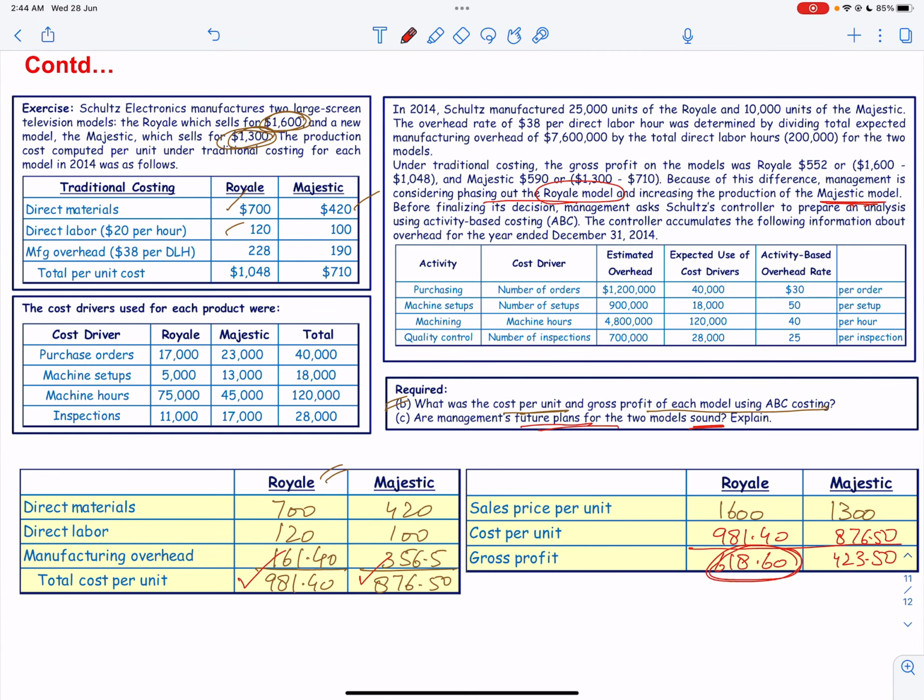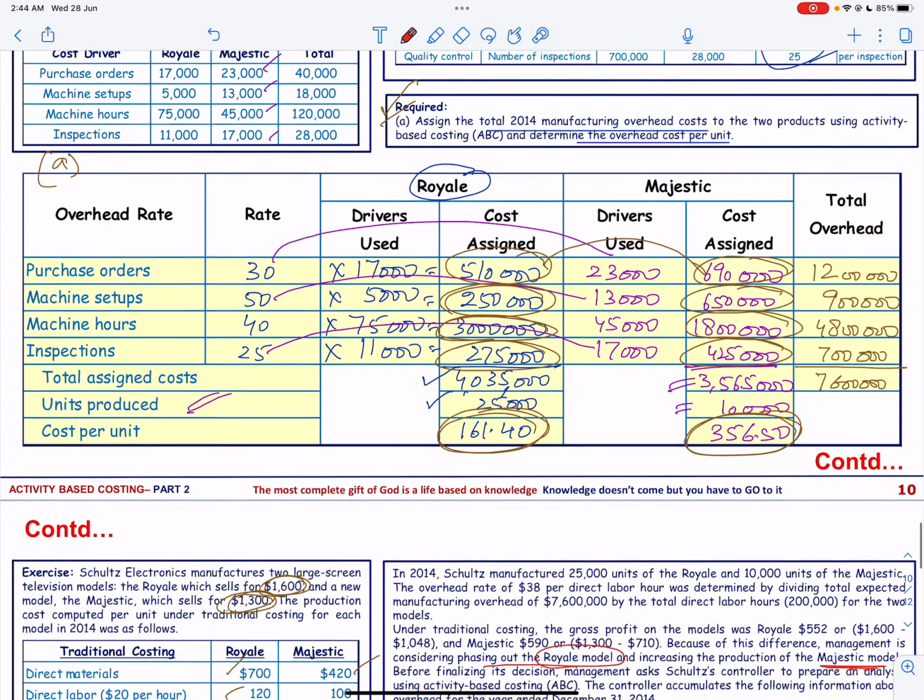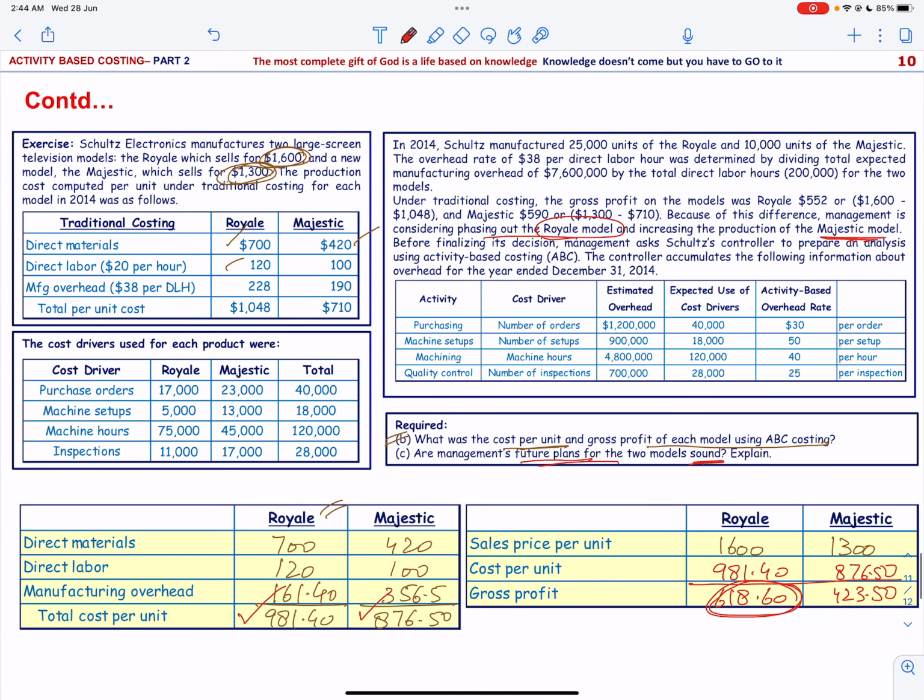That means Royal is making an additional gross profit of how much? 195.10 per unit. That is, they are making 195.10 of per unit profit more than the Majestic.